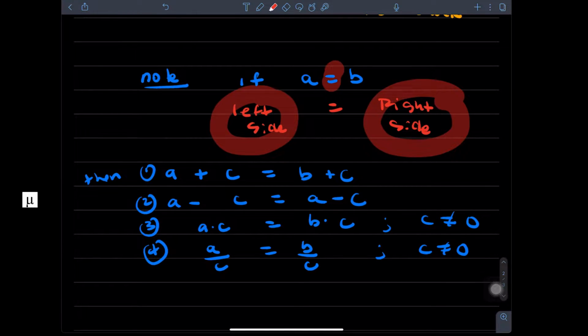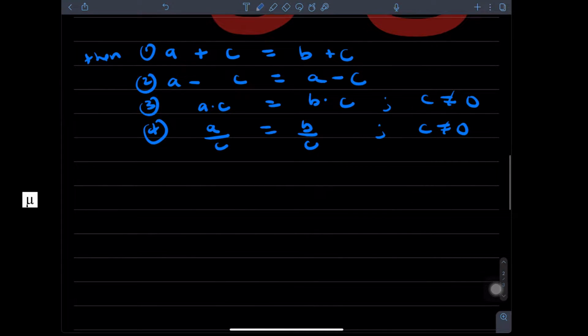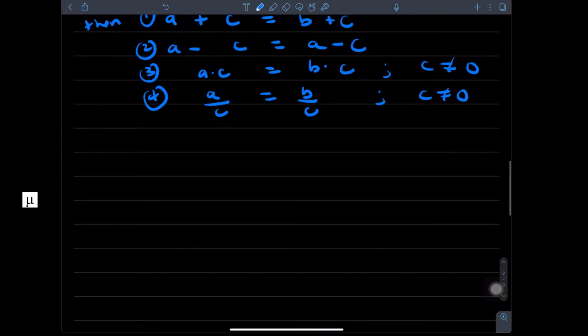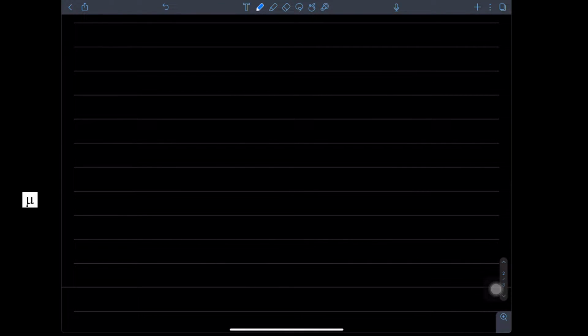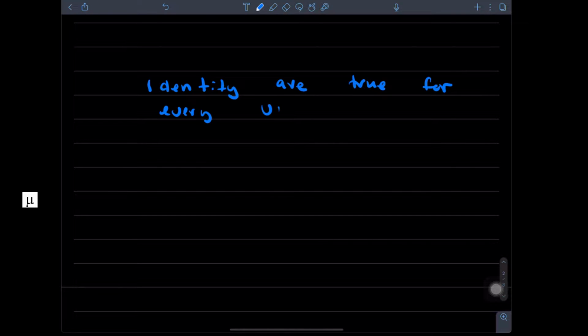They're the same. Now, you might say, what's the difference between an identity and an equation, right? An identity, ladies and gentlemen, and this is what we're going to work with, identities are what's called true for every value of x, okay?